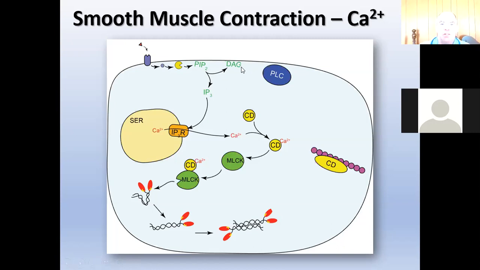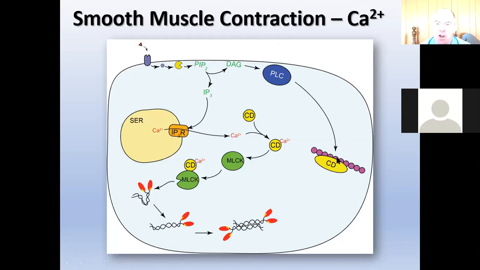But anyway, let's go to the other side because we've got to get rid of our caldesmon. So up here, DAG activates phospholipase C. Nope, no, I'm sorry, this should be another mistake. This should be PKC, protein kinase C. I'll fix this and upload it again. But this is protein kinase C, which then will come over here, and here is caldesmon, which is blocking our thin filaments.